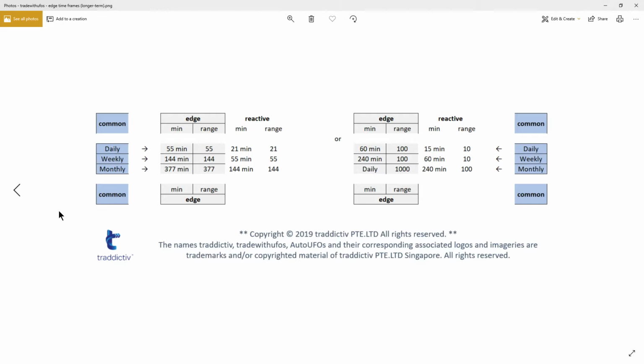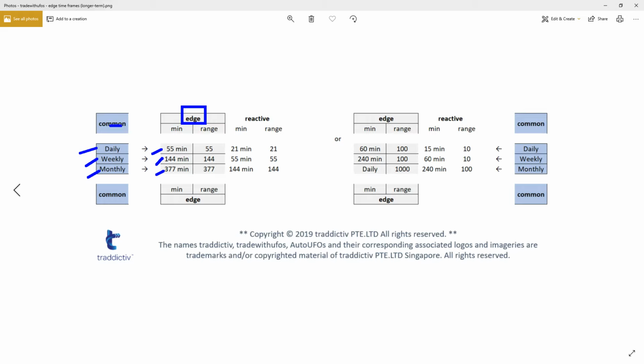So you have on the right daily, weekly, and monthly. That's the common time frame that we use to assess the side in which we should be. Should we be long? Should we be short? And then you have the edge time frames, where you have 55, 144, and 377. For stocks and ETFs, I would just go as far as recommending that you don't need to use share bars and tick charts, because you're going to make your life way too complicated.